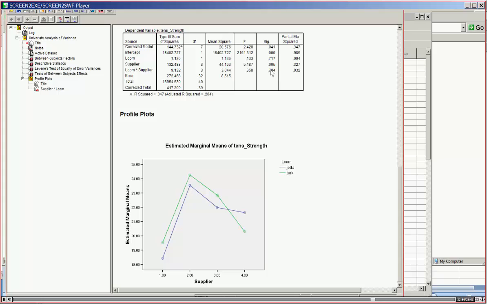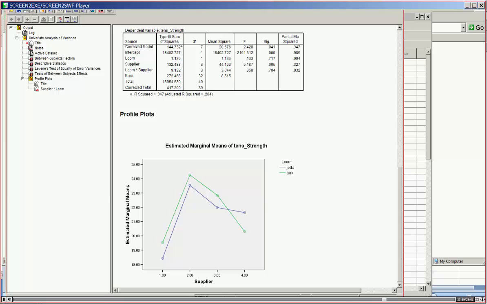First is the null of equality of means for tensile strength due to factor A, that's the looms. Second is the equality of means due to factor B, that's the supplier, and we can see we reject that. The means are not equal there. And the interaction of loom and supplier is not significant. We are pushed out of the rejection region. Nonetheless, there is some sort of an interaction here between 3 and 4, but it's not significant.